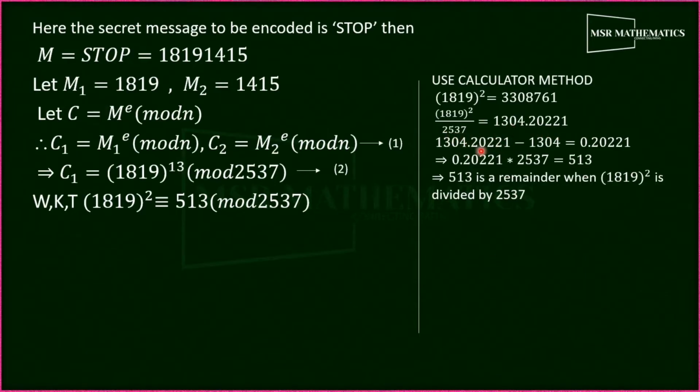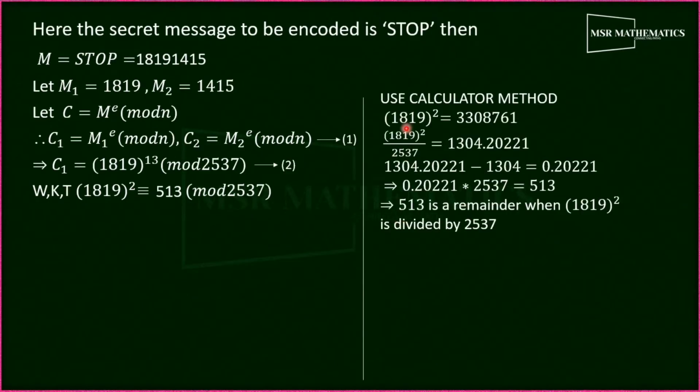So we subtract the value up to the point, 1304, and get 0.20221. Then multiplying this value by 2537, we get the remainder, that is 513. Therefore, we can conclude that 513 is the remainder when 1819 square is divided by 2537. This is a very easy method to find the remainder.